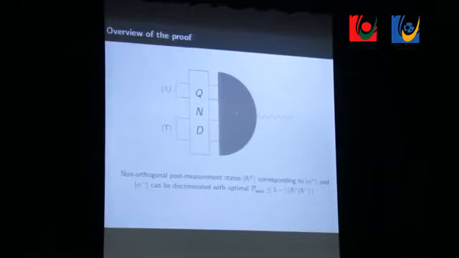And we know that given the states lambda plus and minus, which correspond to phi plus and phi minus, we can write them, and we know a bound on the probability of success, which is well known and depends on the scalar product of the two states. So then I suppose that I have a measurement apparatus which does as well as the ideal, which is better than the one we have, and equivalent to it.